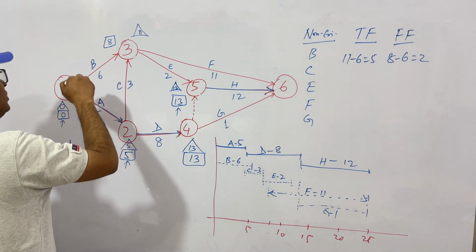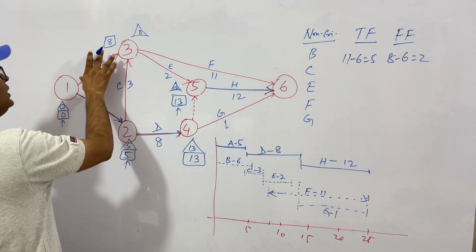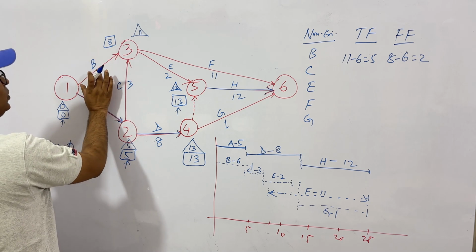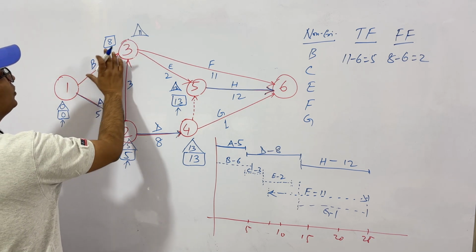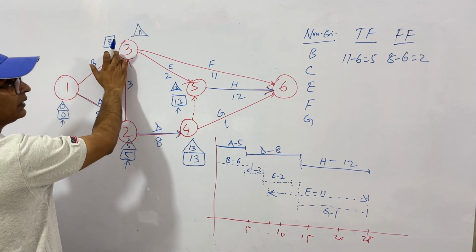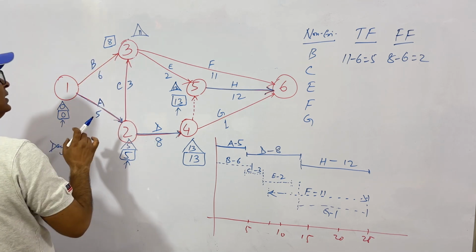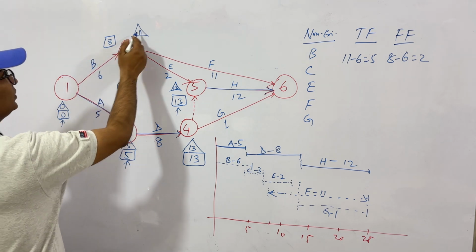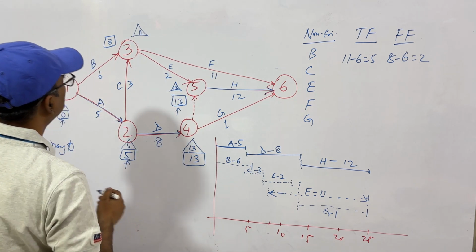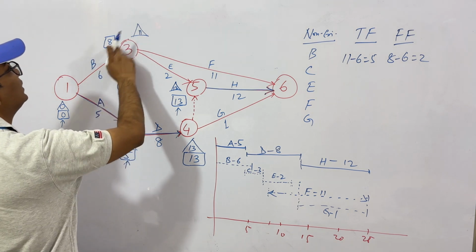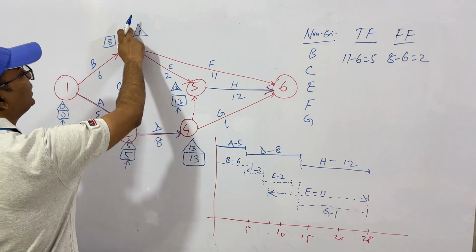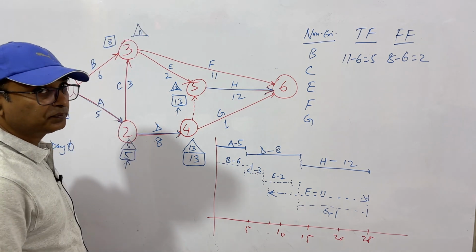So if you start on day 3, it will be completed on the 8th day. But if you start it on day 5th, as you decided according to total float, then you'll complete it on 5 plus 6, 11th day.